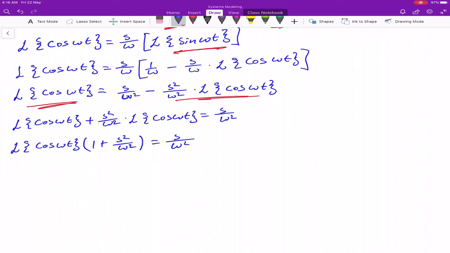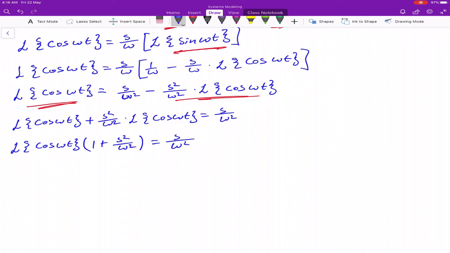Then I want the Laplace transform of cosine omega t to be on one side, because that's what we want to solve. So I can divide through by 1 plus s squared over omega squared on both sides to get rid of this one.